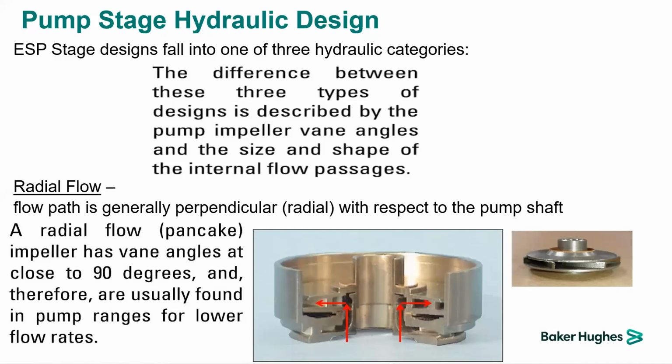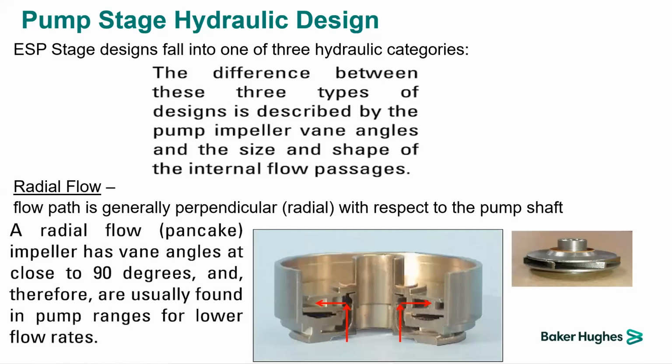With that, we will go to the pump stage design in terms of hydraulics. The pump stages in terms of hydraulics can come in 3 different categories: either radial, mixed, or axial pump stages.